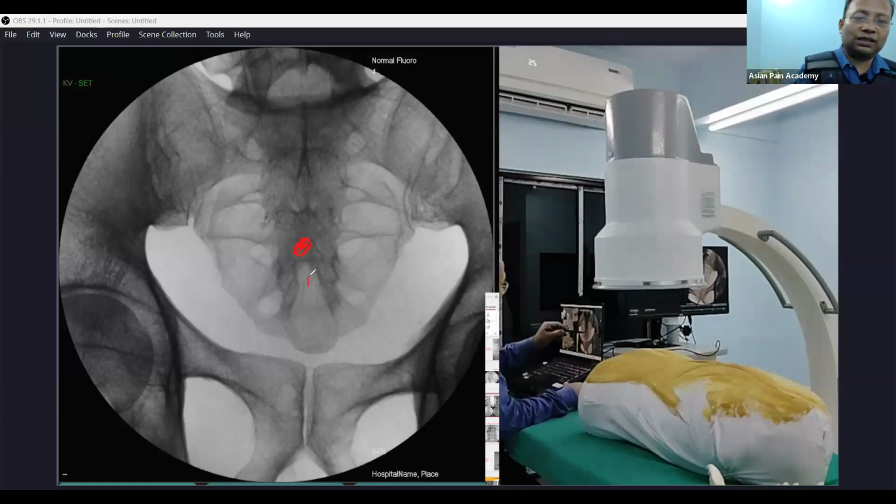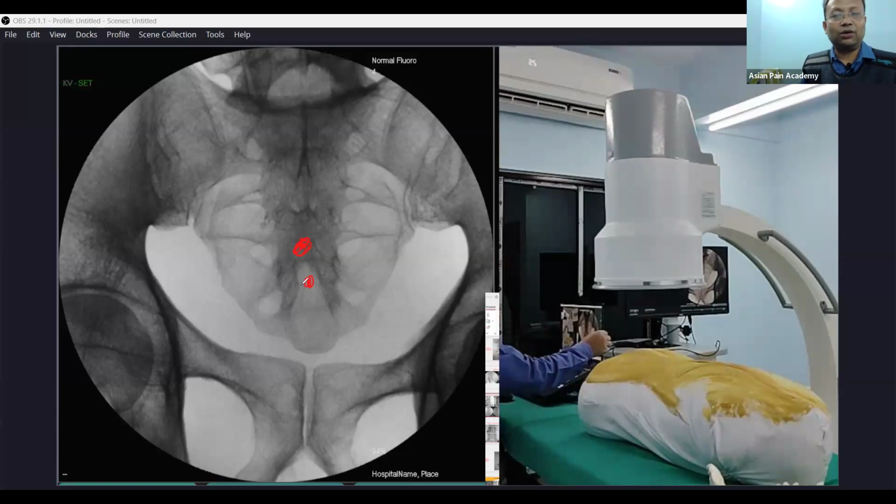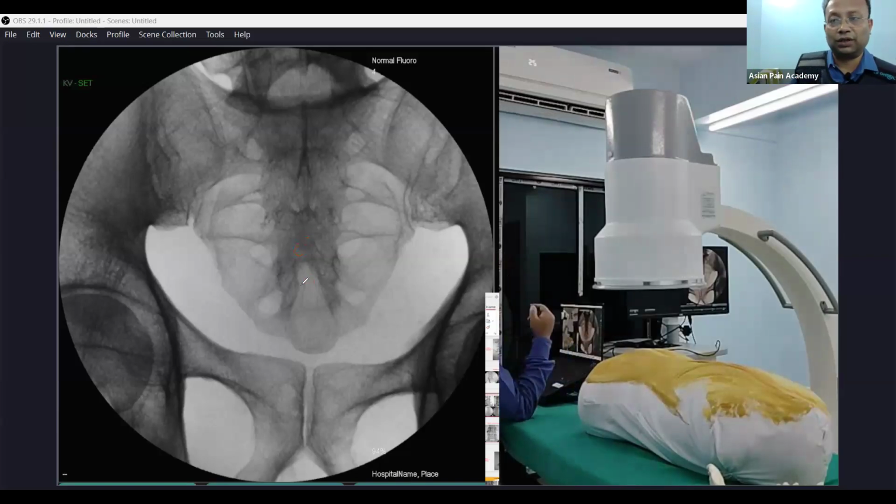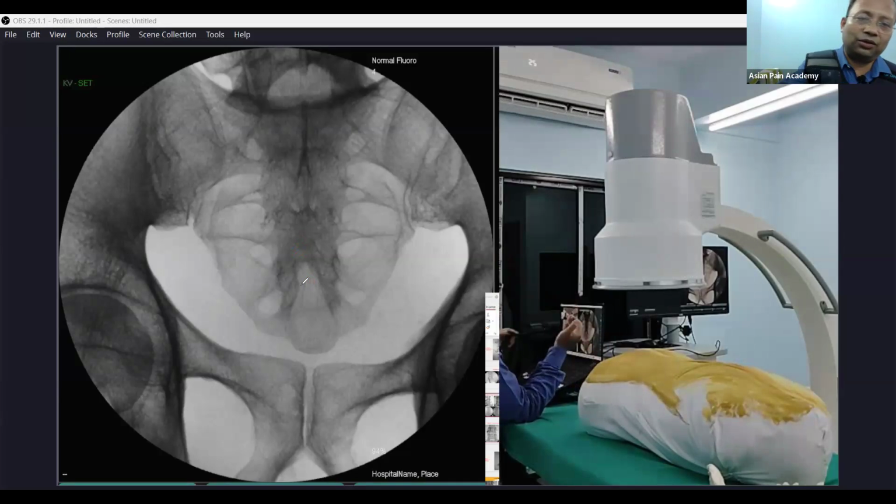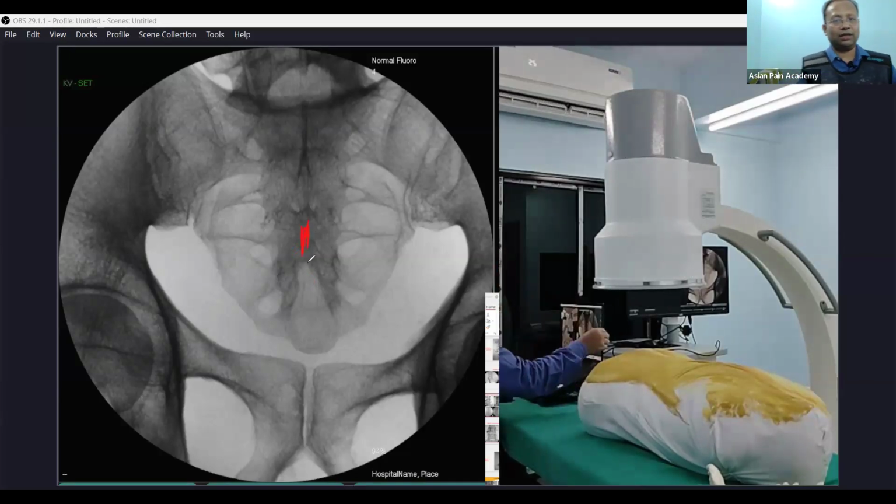And when you puncture that sacrococcygeal membrane and you are in the epidural space, then also you will have the loss of resistance, but it becomes very difficult without any x-ray guidance to know where you are. You may be thinking that you are in the right place, but maybe you are placing your needle above the bone. So this is one thing.